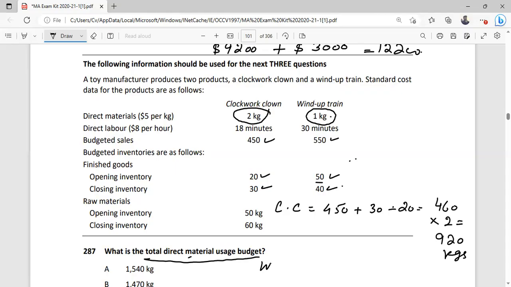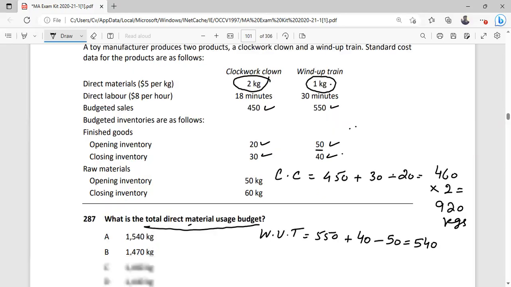And for the other product, it's 550 plus 40 minus 50. So the 540 is budgeted production units. Multiplied with budgeted usage 1, the answer is 540 kg.